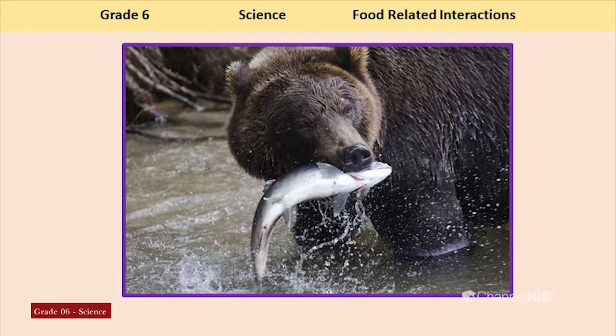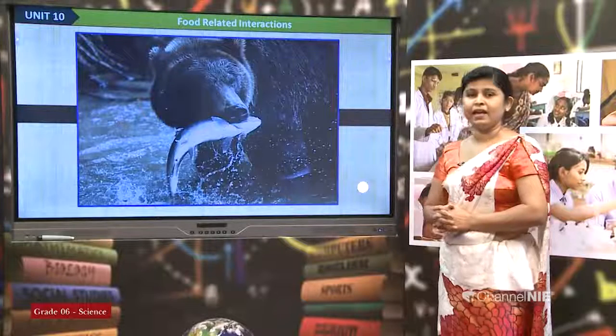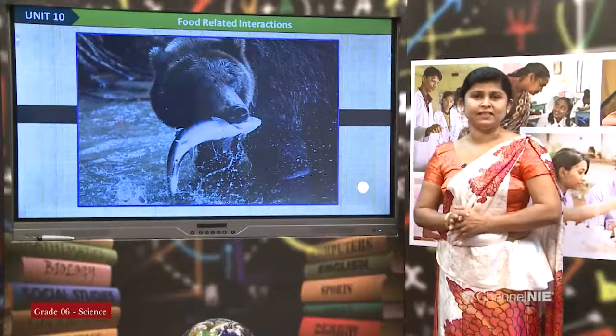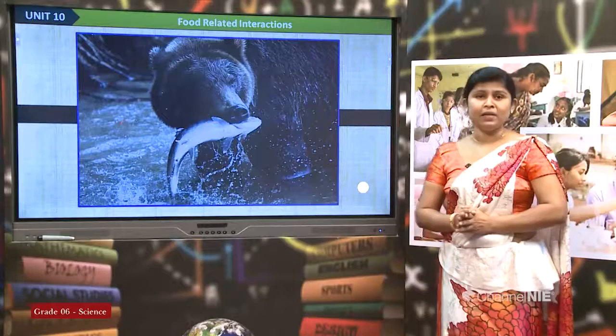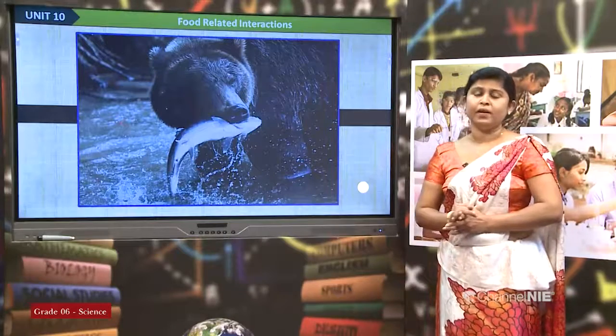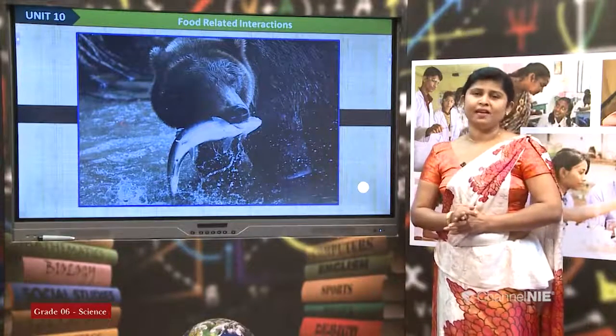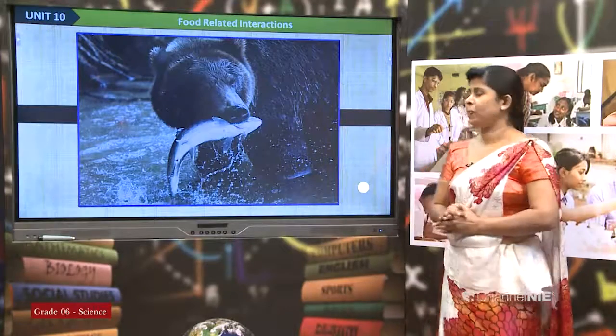So, we can consider that the bear is an animal which depends on both plant and animal material. Right? Can you understand? The bear is an animal which depends on both animal and plant material.